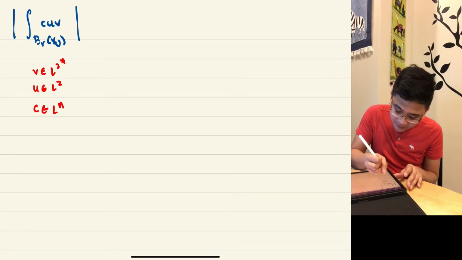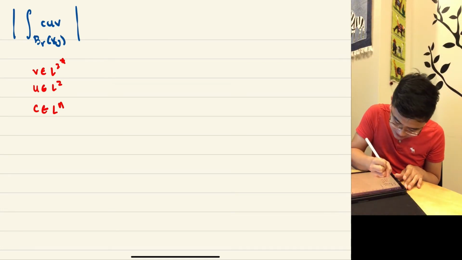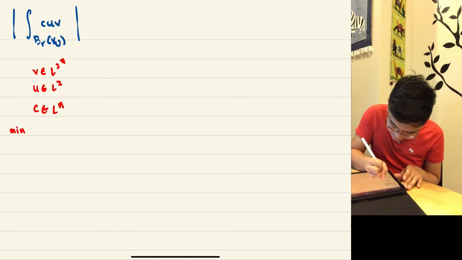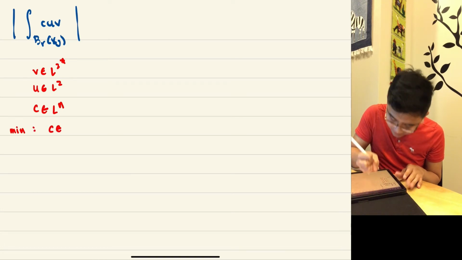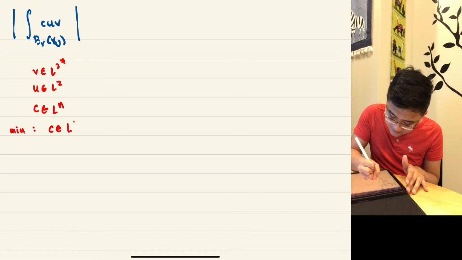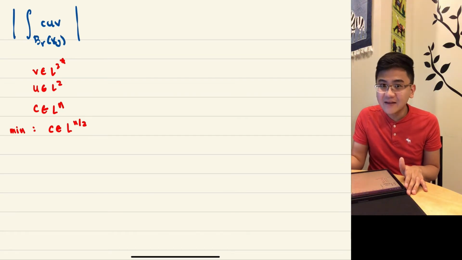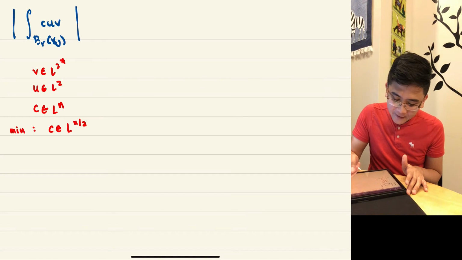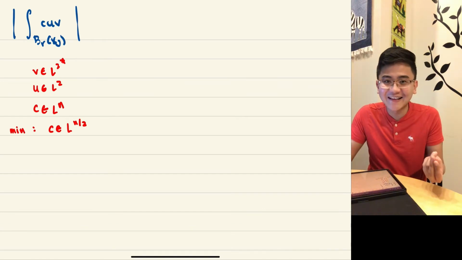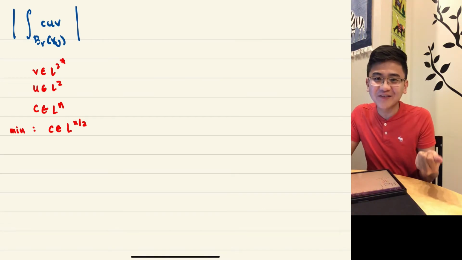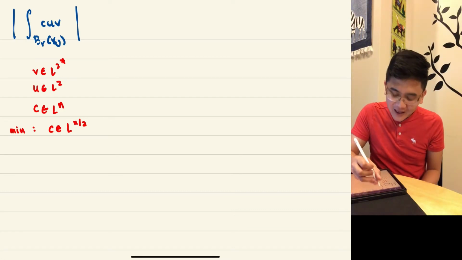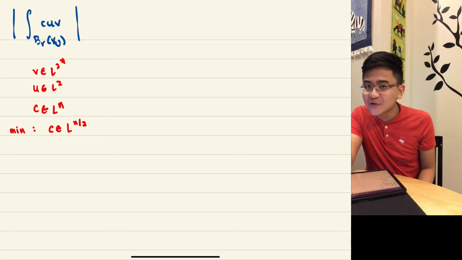Remember that the minimum assumption on C, for the problem to make sense, is that it's in L^(n/2), but we're requiring something stronger, that it's in L^n, so that we can get the estimates that we want. So we're sort of fudging things. I'm not quite sure whether there's a counterexample if C is not in L^n.